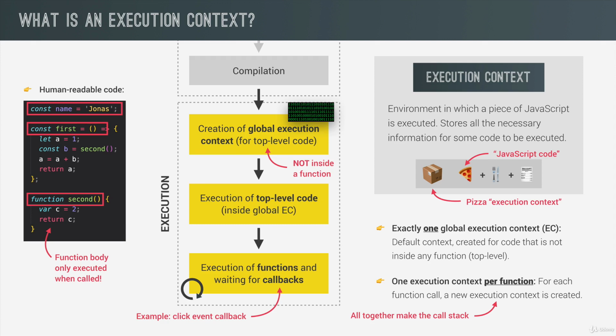Alright, so we know now what an execution context is, but don't really know what it's made of, so what's inside of it. And so let's find that out next. The first thing that's inside any execution context is a so-called variable environment. In this environment, all our variables and function declarations are stored, and there's also a special arguments object.